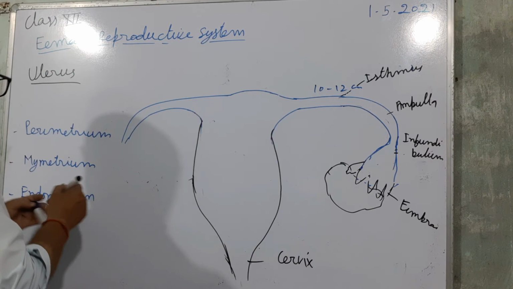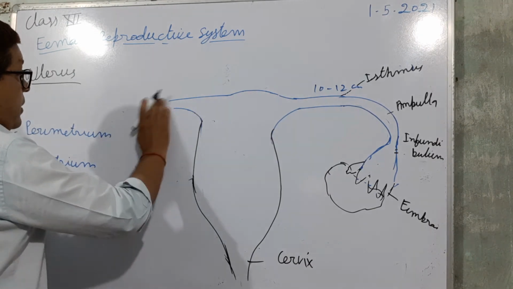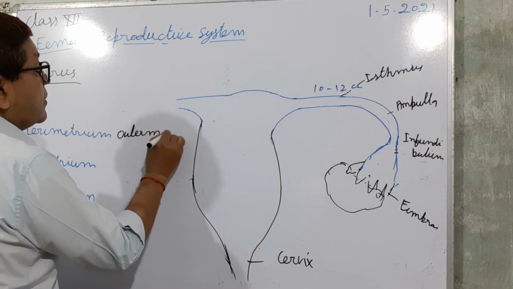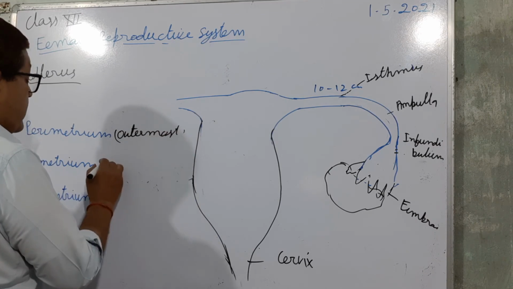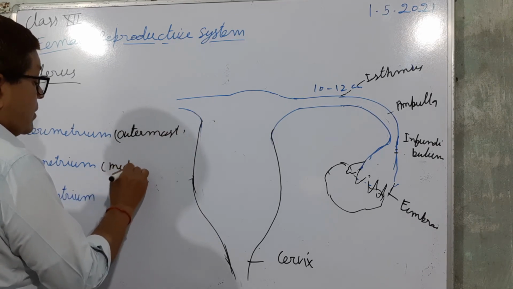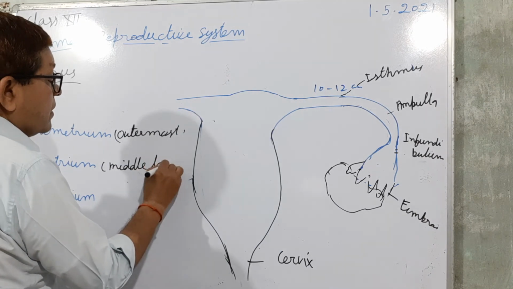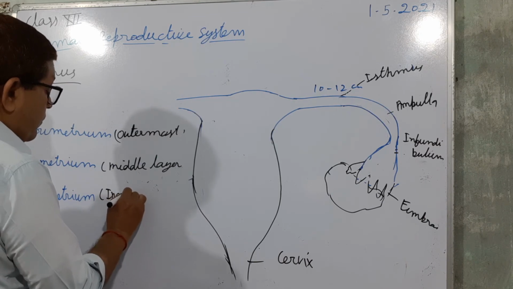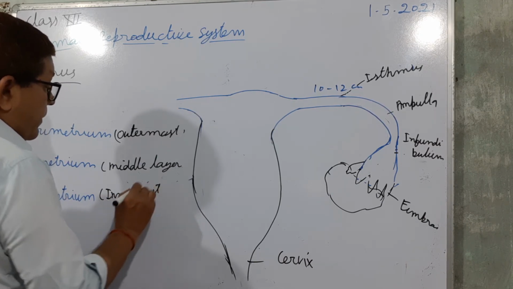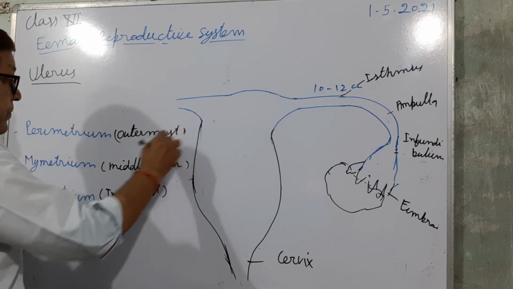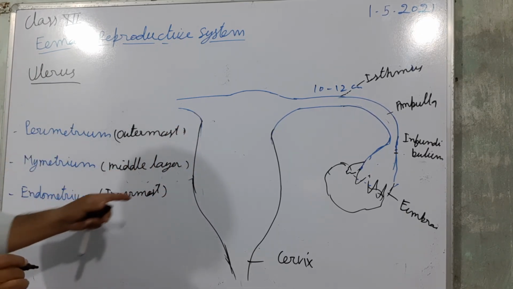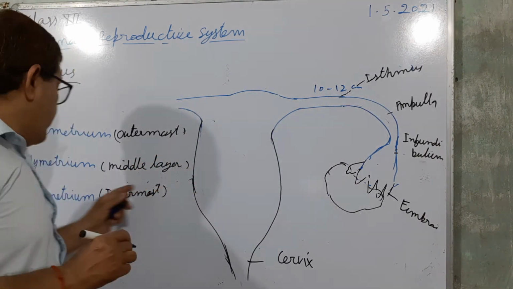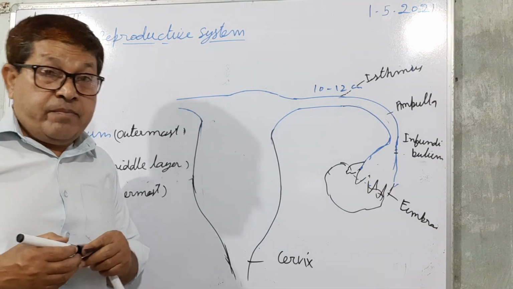This is perimetrium, the outermost layer. This is the middle layer, and this one is the innermost layer. Perimetrium is the outermost layer, myometrium is the middle, and the innermost layer is the endometrium.